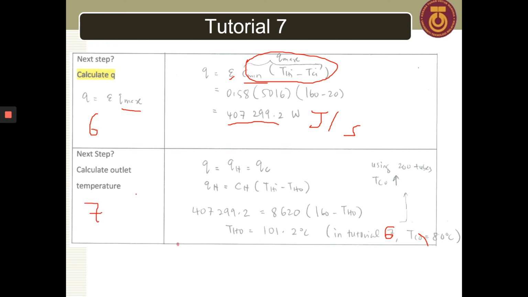Last but not least, not last, but the second last, I think, calculate the outlet temperature. How can you calculate the outlet temperature? Yes, by using mass balance. The actual Q is the Q of the heating or cooling fluid.